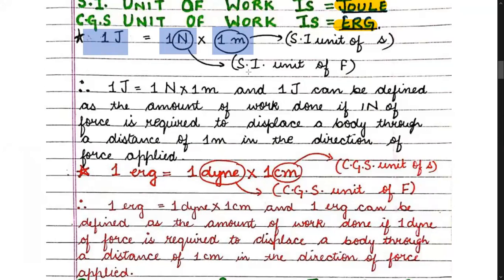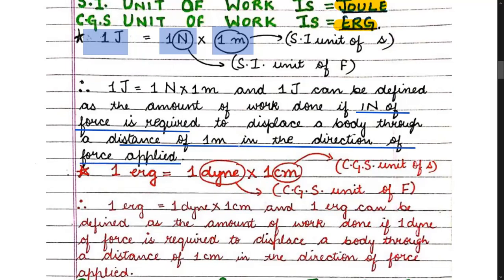So how to define 1 joule? 1 joule can be defined as the amount of work done if 1 Newton of force is required to displace a body through a distance of 1 meter in the direction of force applied.